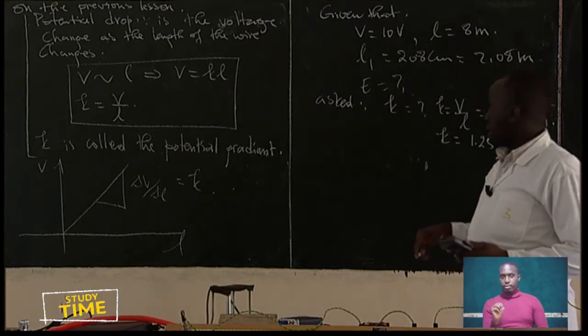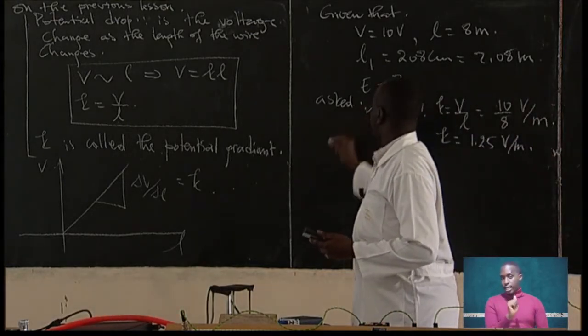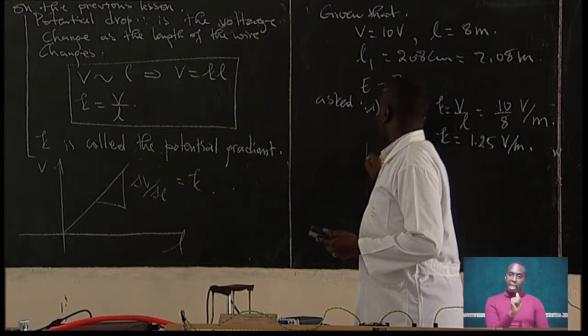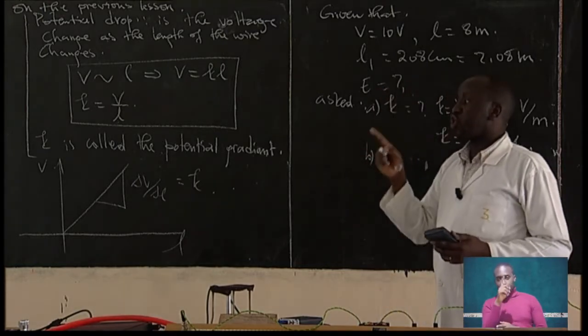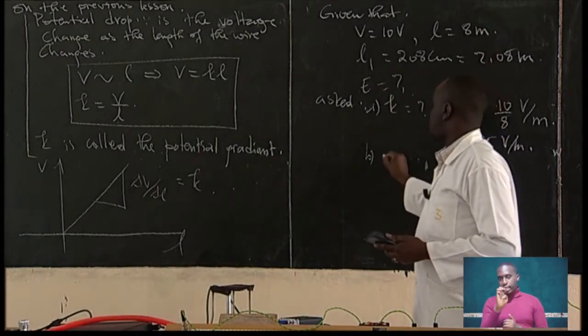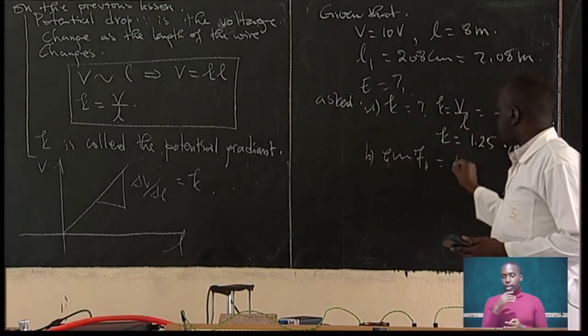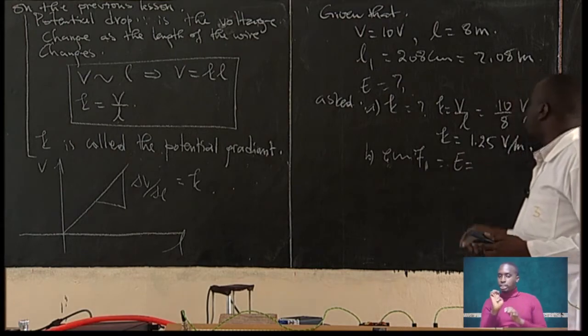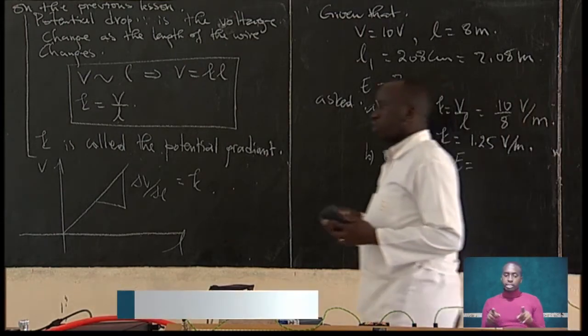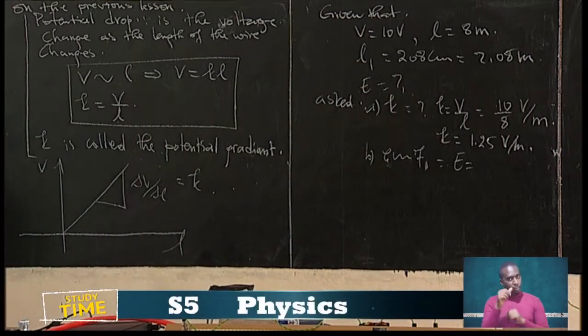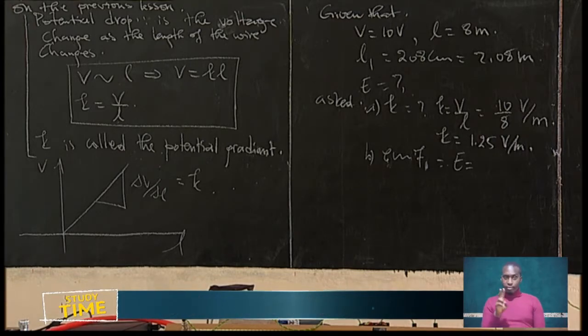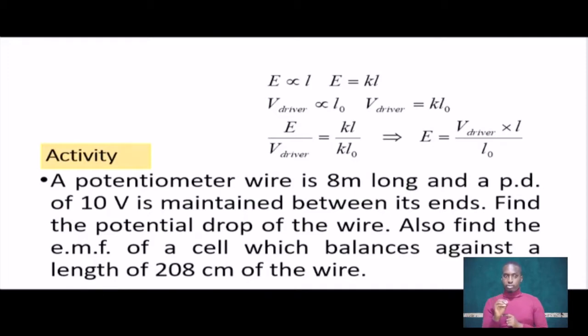So and then number 2, this is A. So let's say that is A, then B. B is also to find the electromotive force, which balances that one. So this electromotive force E equals to, as you see, we would have now to think about the whole of this formula. Do you understand? And then you have V over L0. This is what we have applied, and then times L that we are being given.